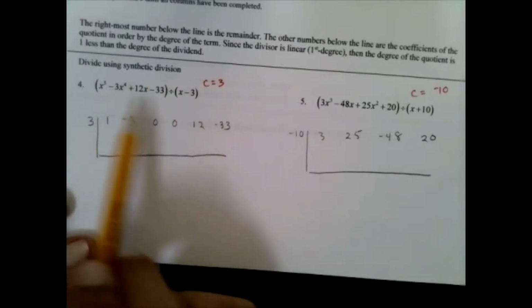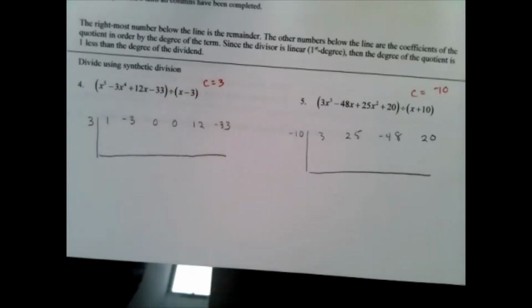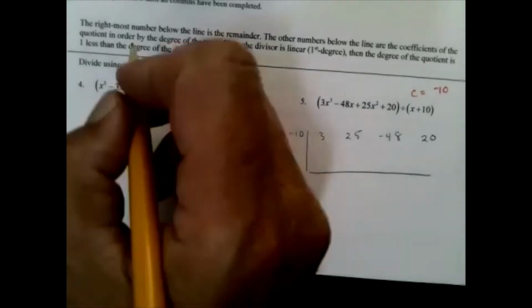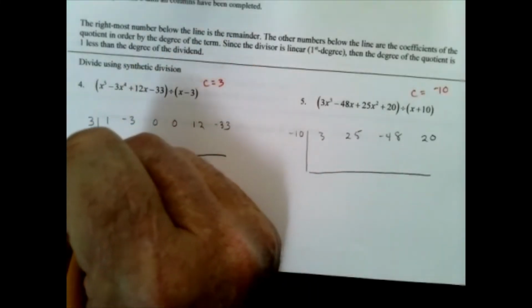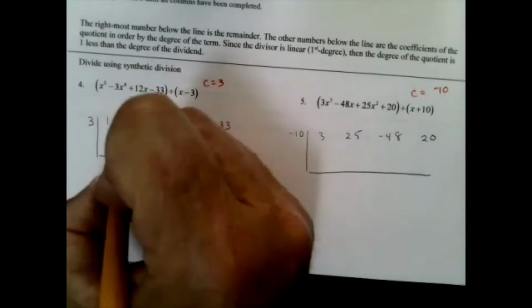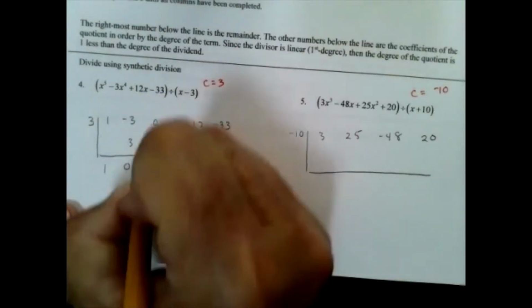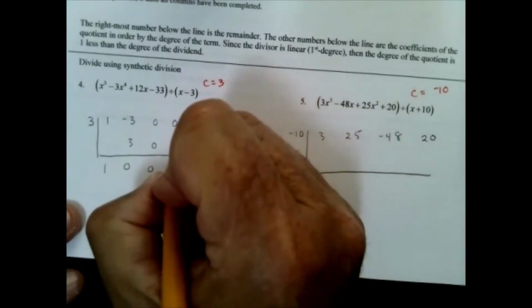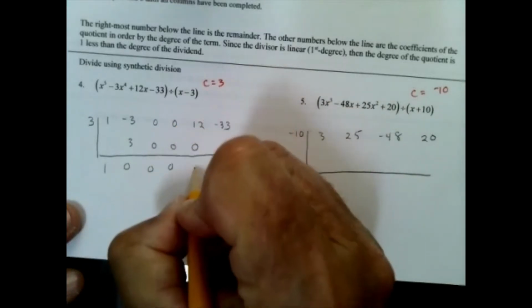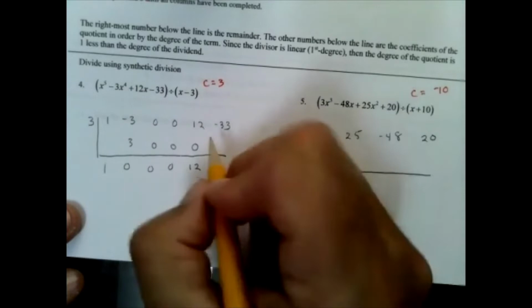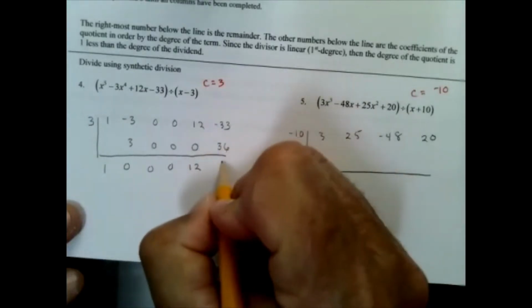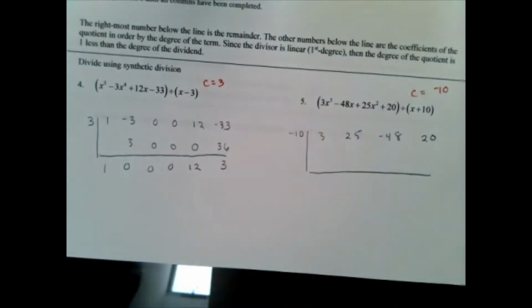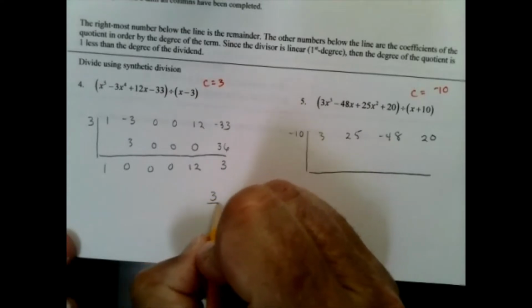And as I'm doing this, I wonder if this is the same as the problem on the last page. Add 1 plus nothing is 1. Multiply 3, 0, 0, 0, 12, 36, and 3. 3 is my remainder.